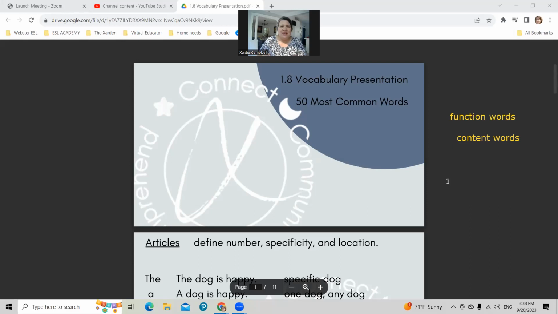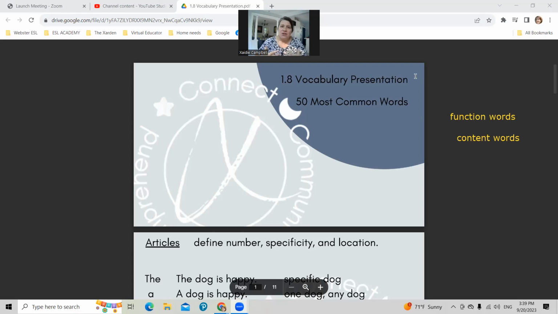Those are the words that are easy to learn when we study vocabulary. But the words that we use most often in English are not these. These function words are the grammar words that hold us together.